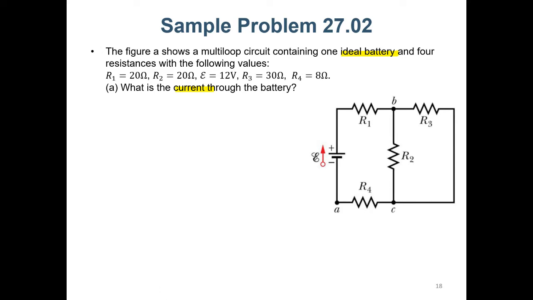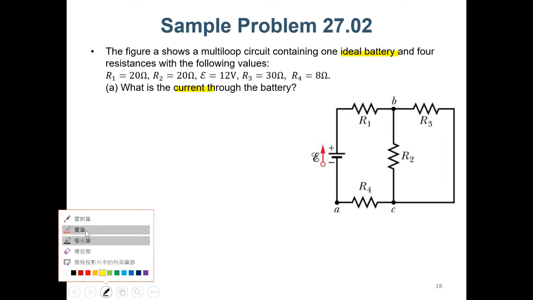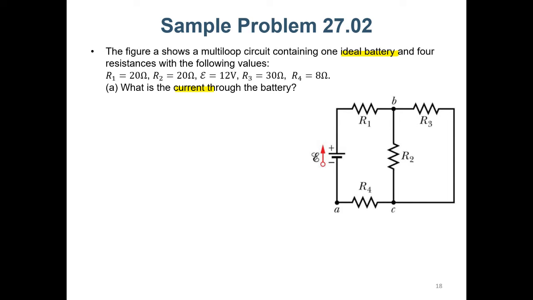So in this case, this circuit is pretty easy. You can see that for point B and point C, R2 and R3 are in parallel.